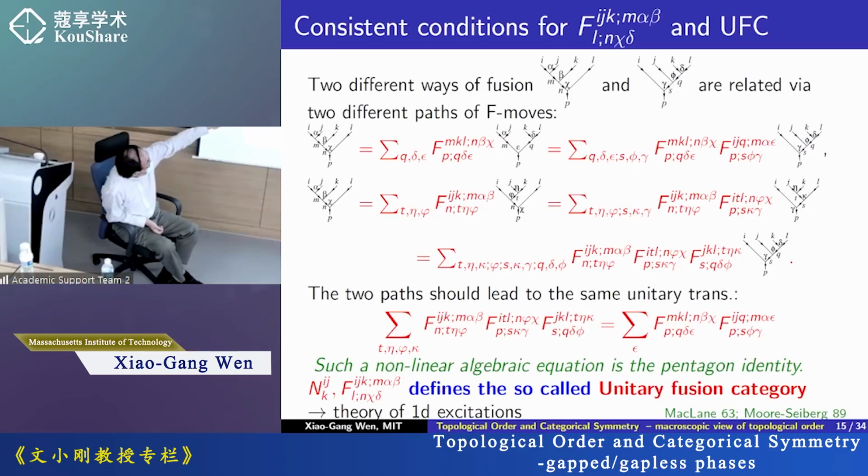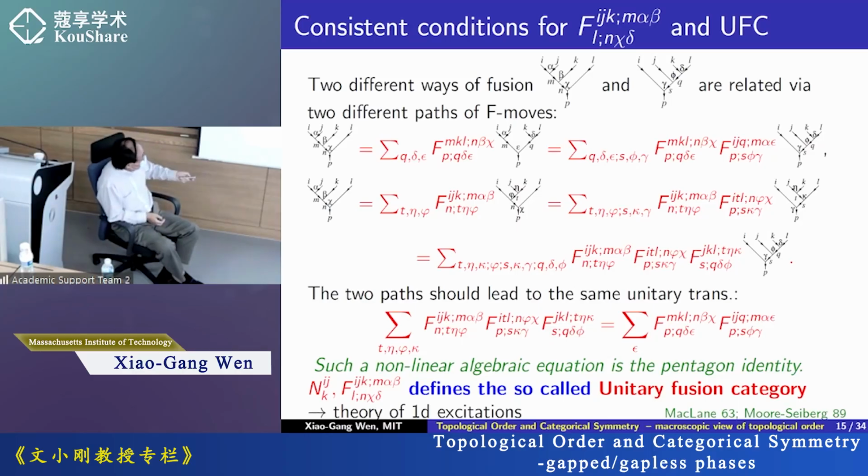So you can see, to go from here to here, we can switch the fusion order. Here K fuses first with M, but then we switch order. We say K fuses with L first. So from here to here, they differ by the F matrix because the order of fusion of K is changed, and that's related to the F matrix.